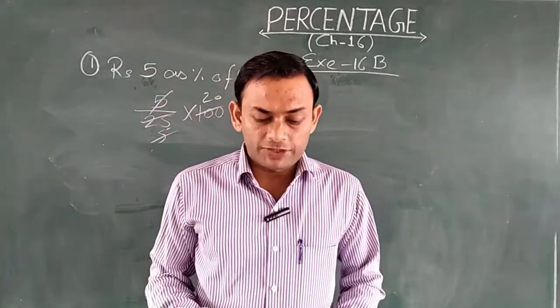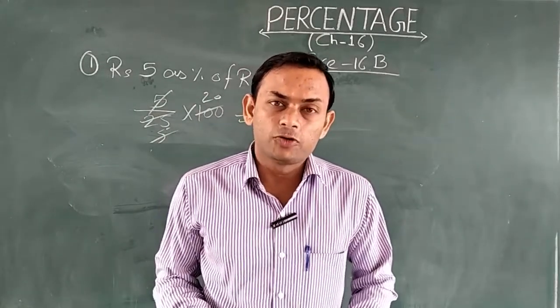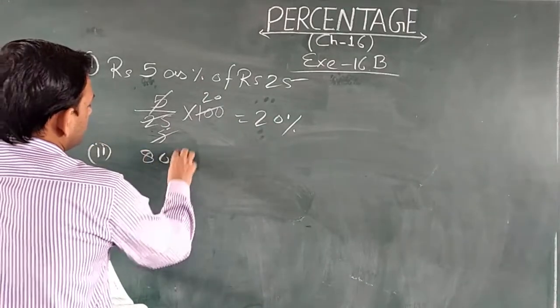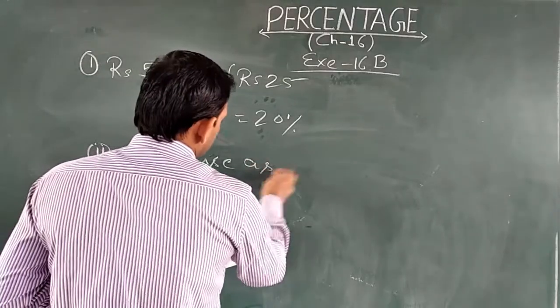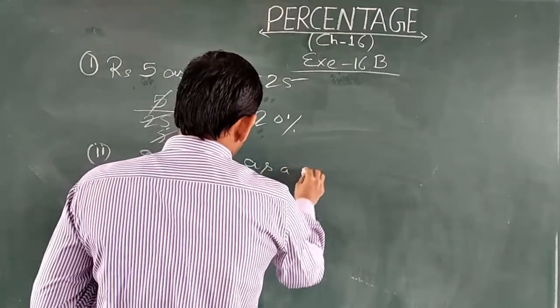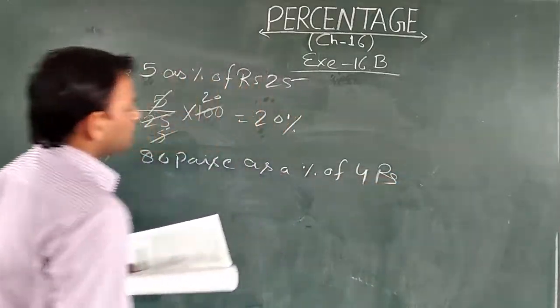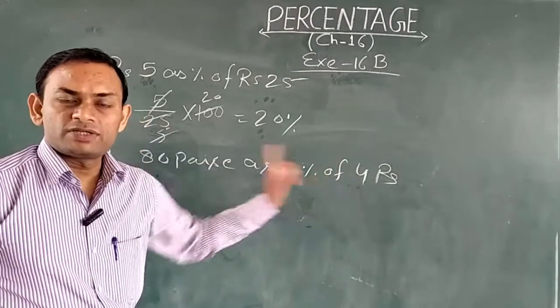Now the second part of this question: you have to tell 80 paise as a percentage of 4 rupees. Here two units are there, rupees and paise.